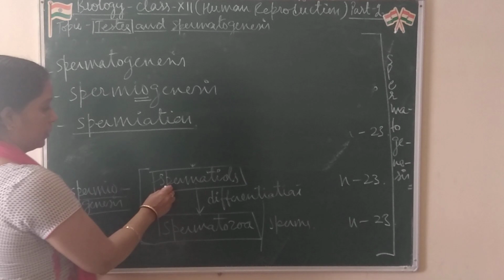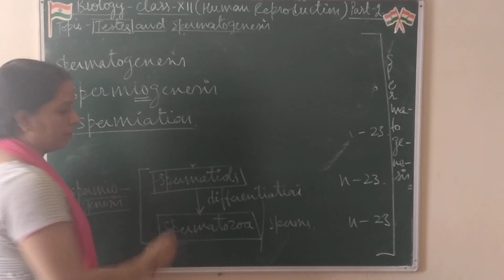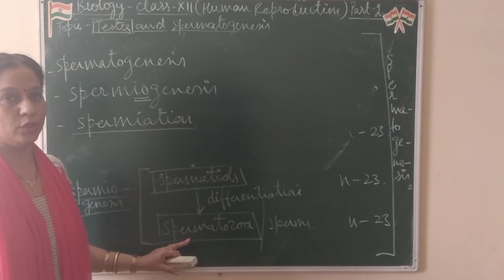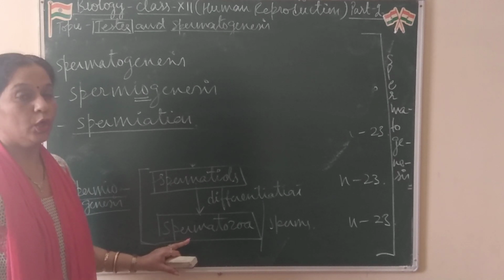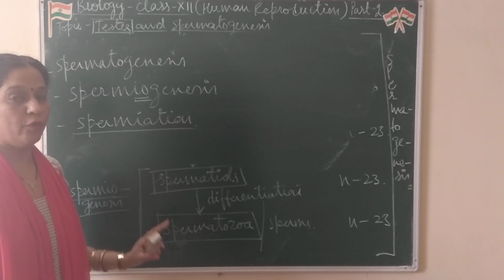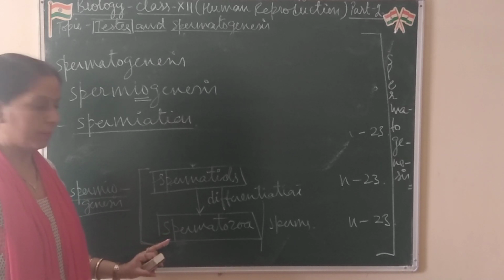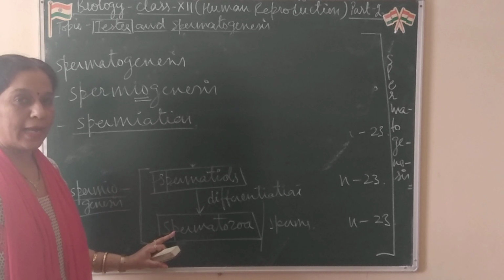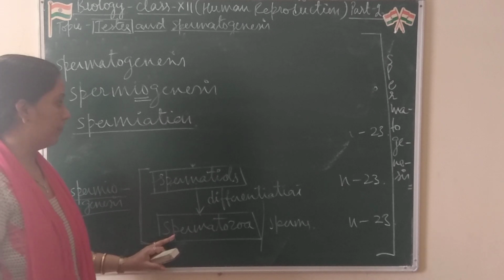When spermatids transform into spermatozoa, these spermatozoa get attached with the help of their heads to the Sertoli cells. Sertoli cells are the second type of cells present in the seminiferous tubule, and they provide nourishment to the sperms. So soon after the formation of spermatozoa, they get attached to the Sertoli cells with the help of their heads and draw nourishment from them.